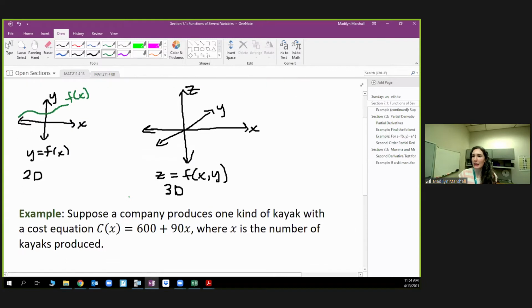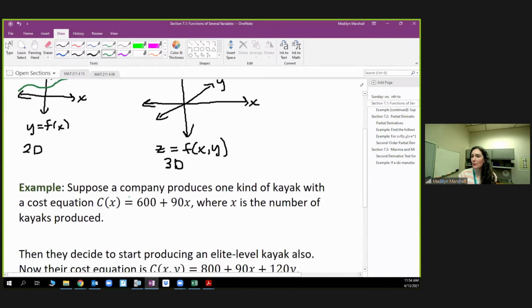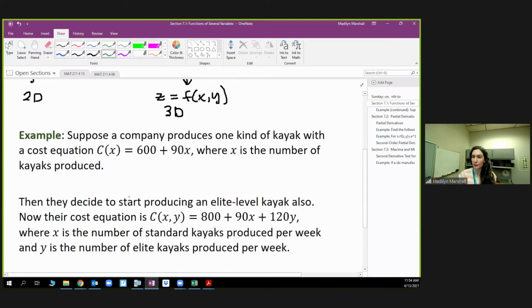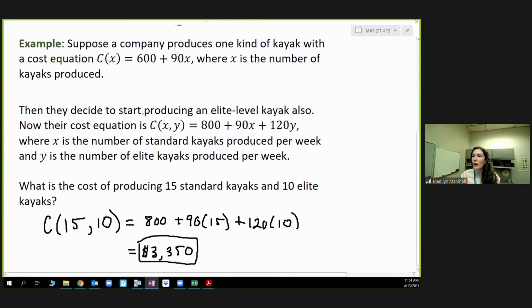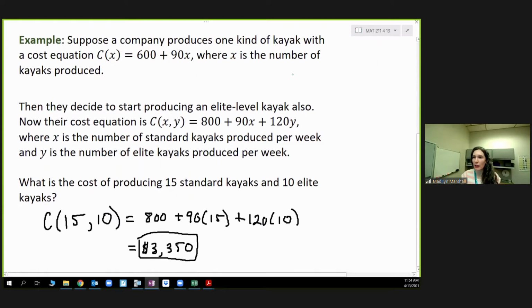But we're not even necessarily going to be talking about space very much here. We will. But really, and this was the example we ended with on Thursday, a way that multivariable stuff comes in that has nothing to do with spatial dimensions is that we just have lots of variables in a situation. This was our example from Thursday, where this kayak company was starting out producing just one kayak and they had this cost equation.